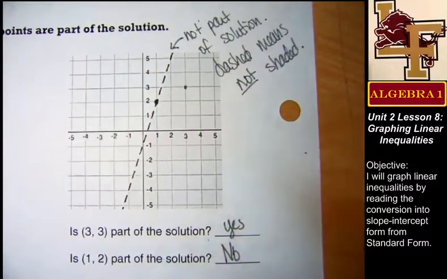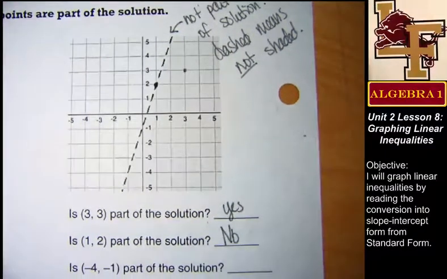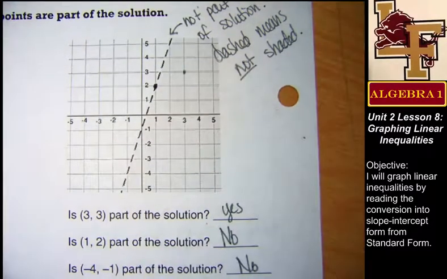All right, there's my thought to myself. All right, the last dot, -4, -1. Part of the solution? No, not in the shaded part. Cool beans, thanks.